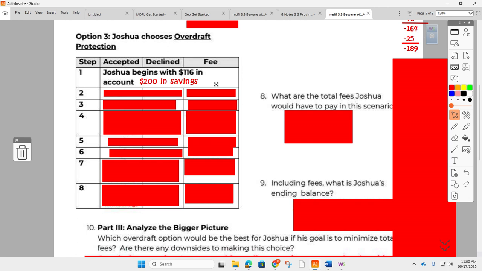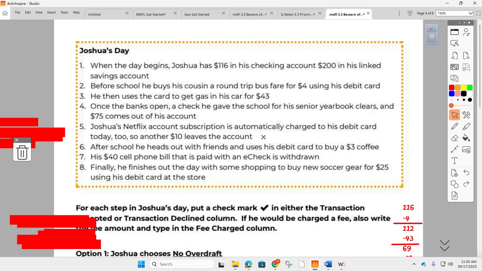So go back and look at your transactions. If you want, I'll put the transactions up on the board. That way you don't have to flip your paper back and forth. You didn't do any of this stuff, right? So we did all of this and all of this. You didn't do it, right? Option 1 and option 2.